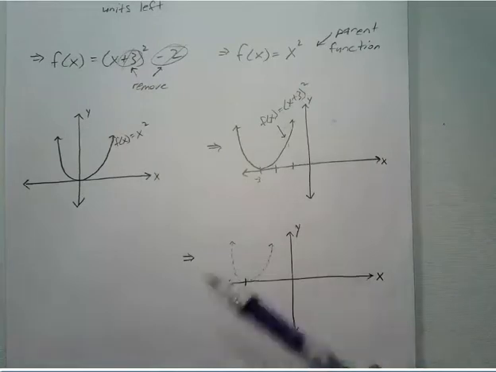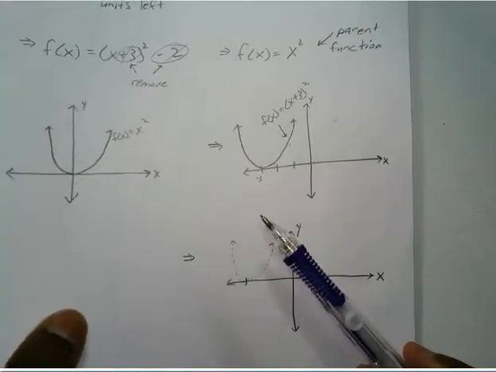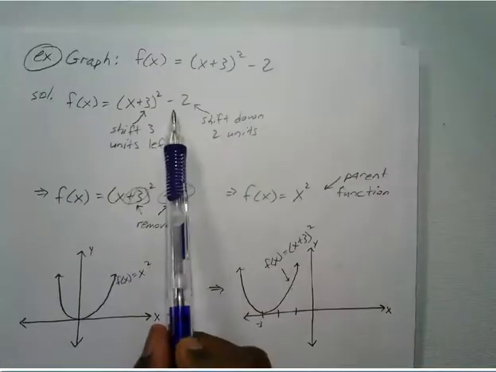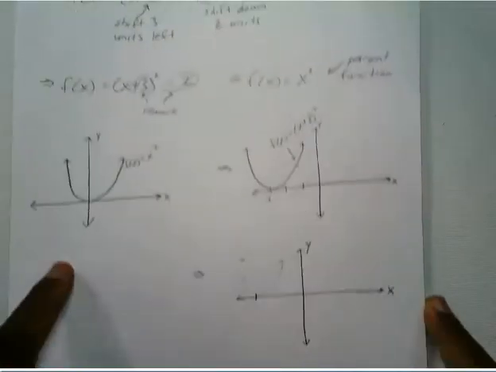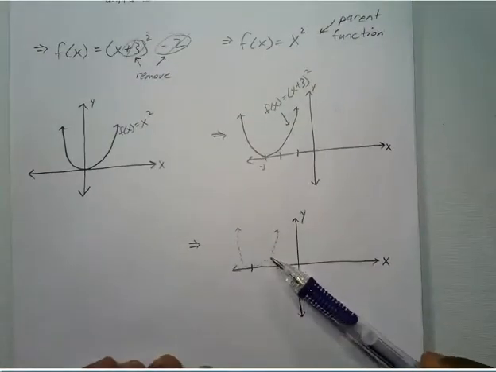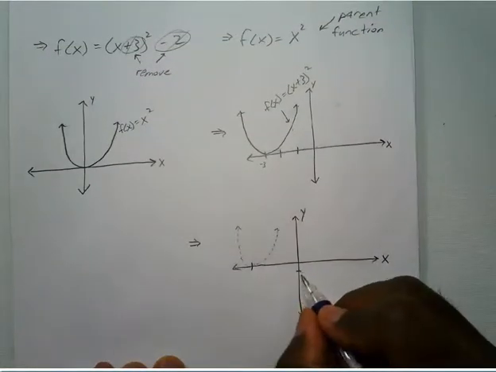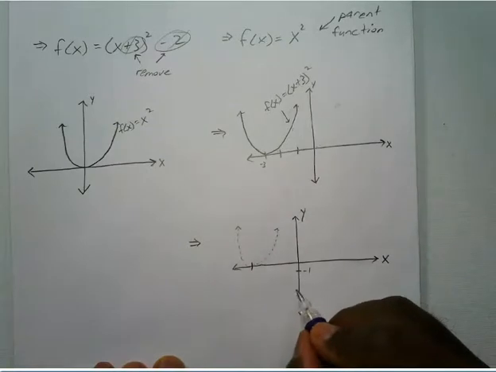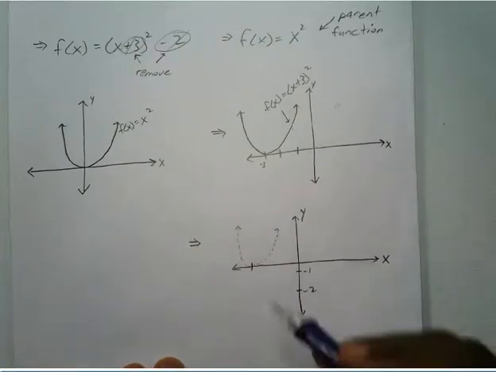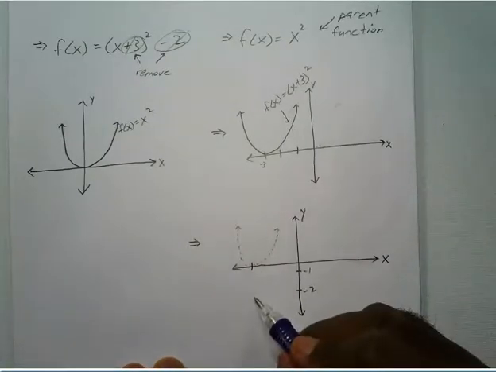Since we have to move it down 2 units, we just get that graph and move it down 2 units. So let's say this is our negative 1 and this is our negative 2. That whole graph just shifts down to there.